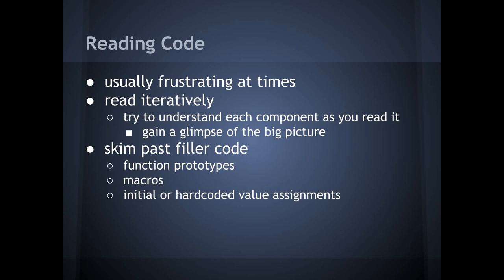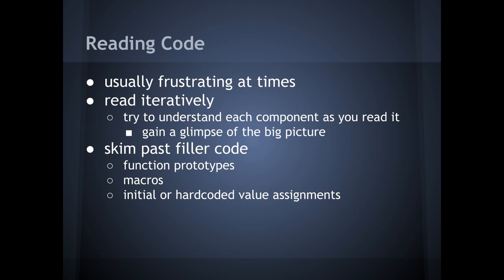So, on a different note, reading code is obviously really frustrating at times, and it's important to skim past filler code, but also to be thorough. Filler code includes things like macros or initial or hard-coded value assignments, function prototypes, stuff like that.